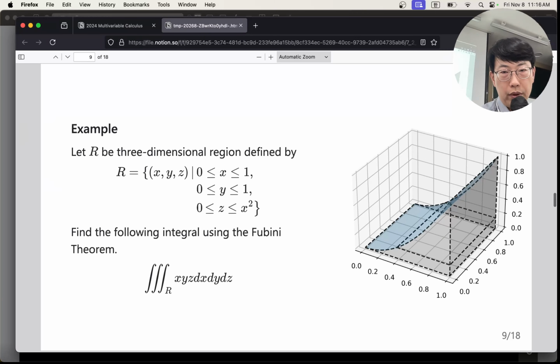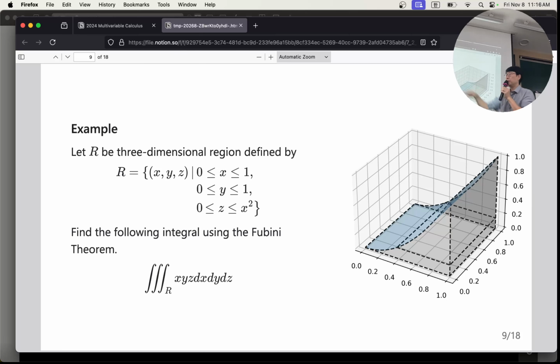So let me give you a more concrete example. Let's think about what we are doing. We have the region R defined by three sets of inequalities: x ranges from 0 to 1, y ranges from 0 to 1. That means our projection of this volume is a rectangle bounded by x, 0 and 1. What determines the height of the volume is bounded by a lower limit that is constant, but an upper limit of x squared.